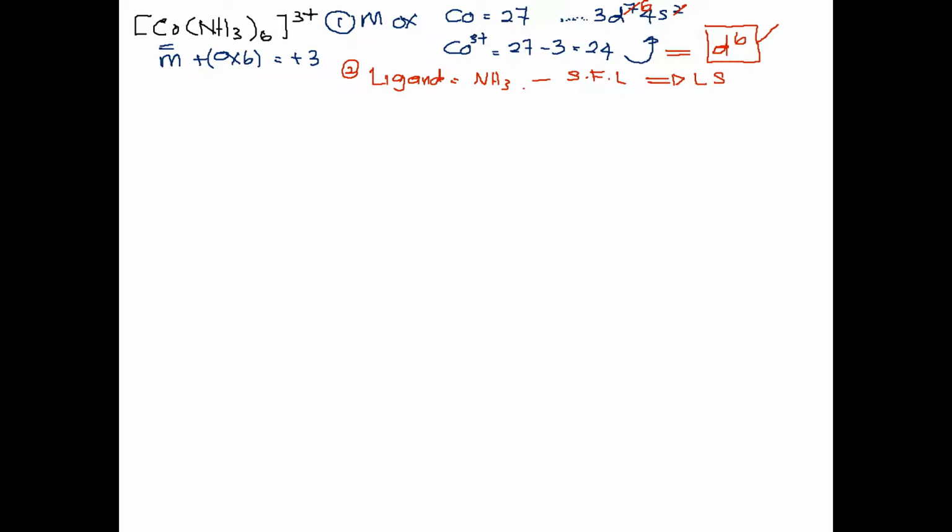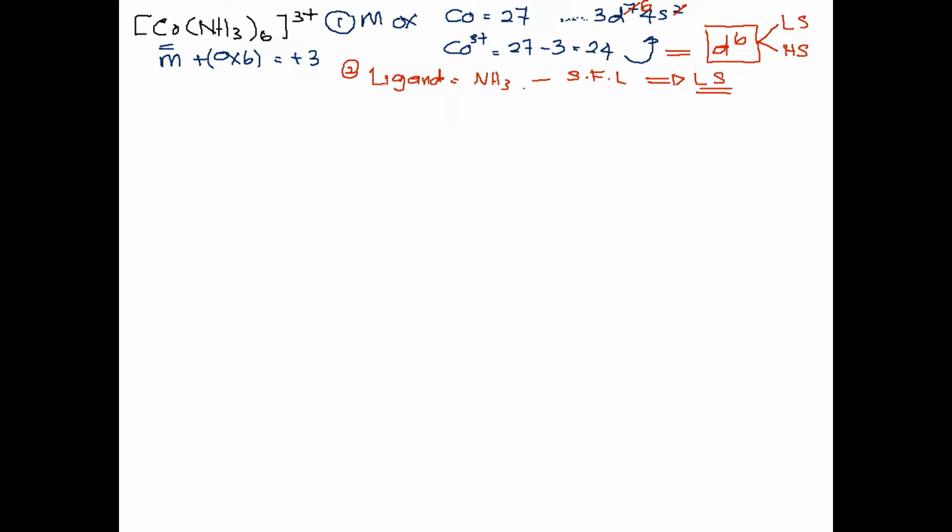D6 will have two types of arrangement, which are low spin and high spin. So how do you arrange electrons in your d orbitals? You have to look at your ligands. Your ligand is ammonia, which is a strong field ligand, so you arrange your d electrons in the low spin arrangement.